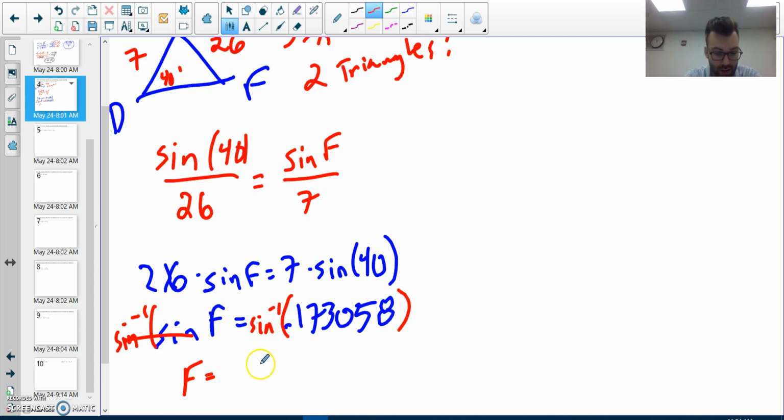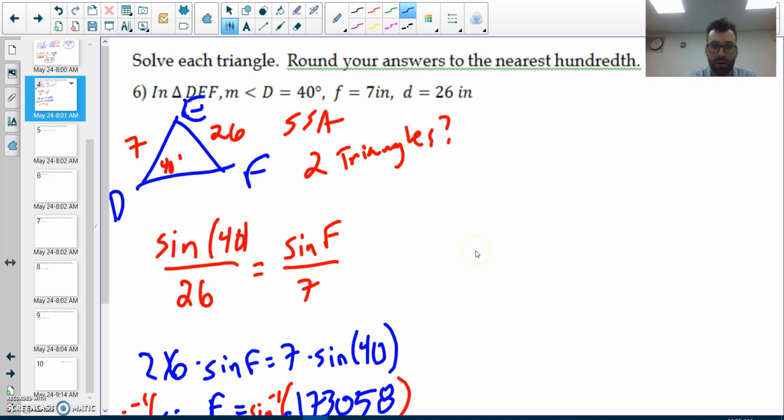And I get F to equal about 9.97 degrees.